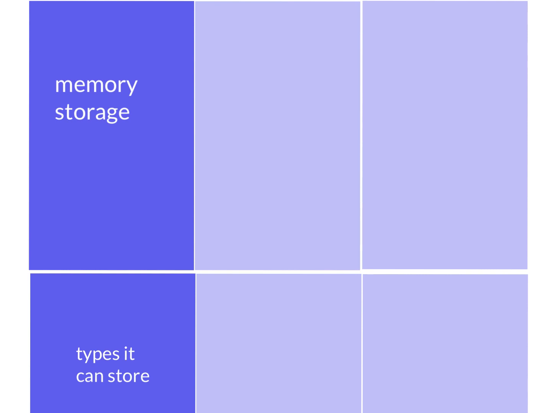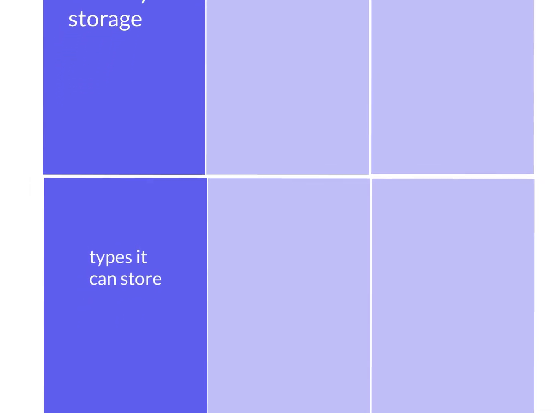Next, we're going to look at memory storage, specifically how it's stored in memory. For an array, I'm actually going to jump down to types it can store.